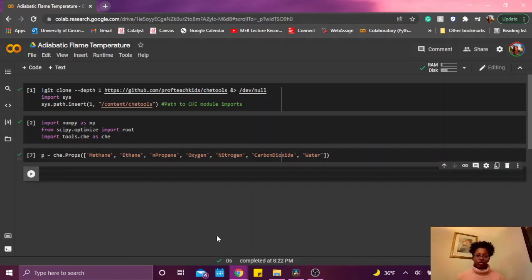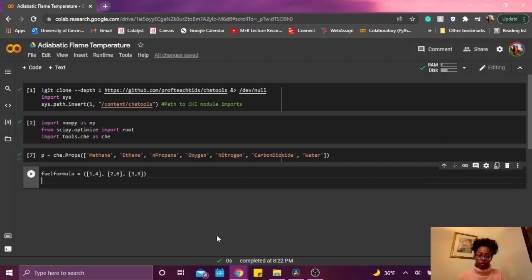So next, we're going to want to create a matrix for the number of carbon and hydrogen atoms within our starting materials of our fuel, which is methane, ethane, and propane. So we can do fuel formula is equal to 1 carbon, 4 hydrogen for methane, 2 carbon, 6 hydrogen for ethane, and 3 carbon, 8 hydrogen for propane.